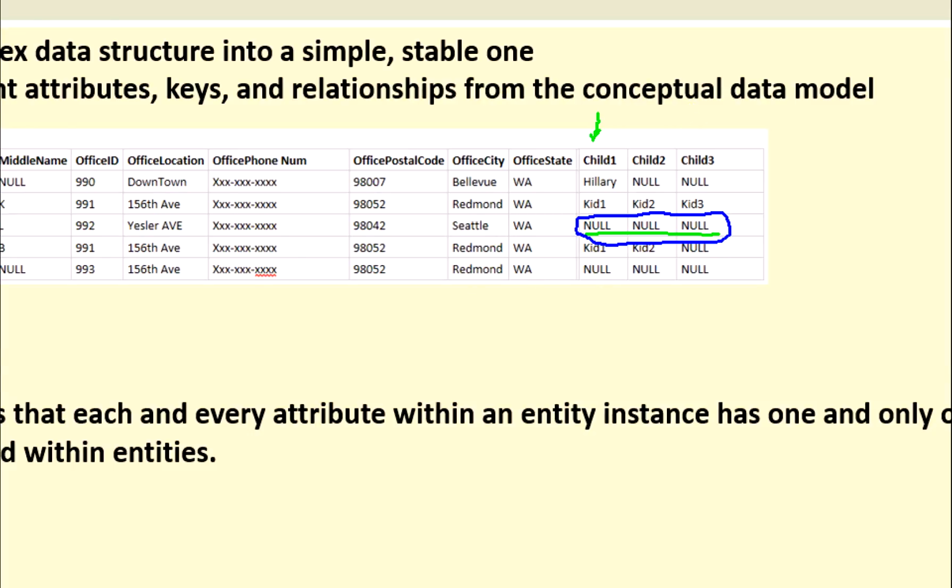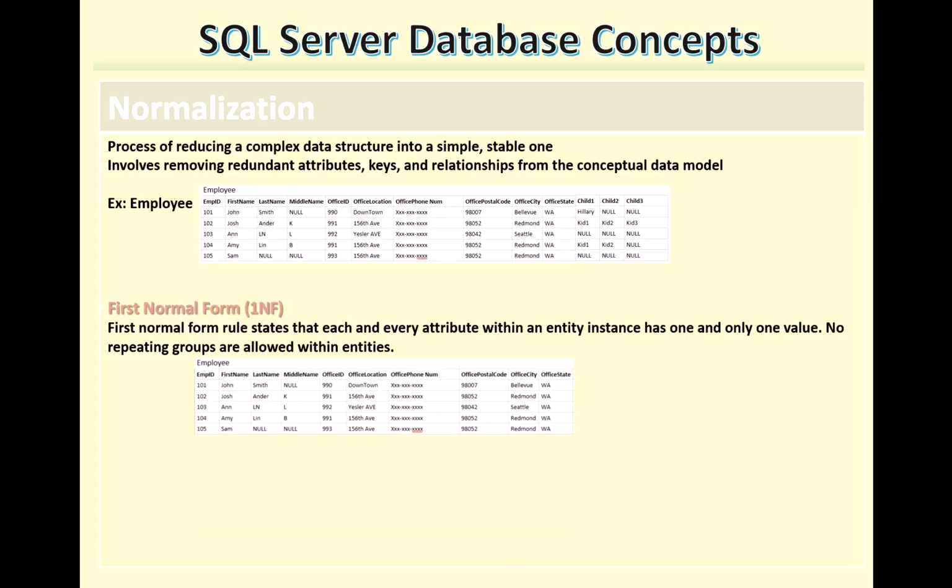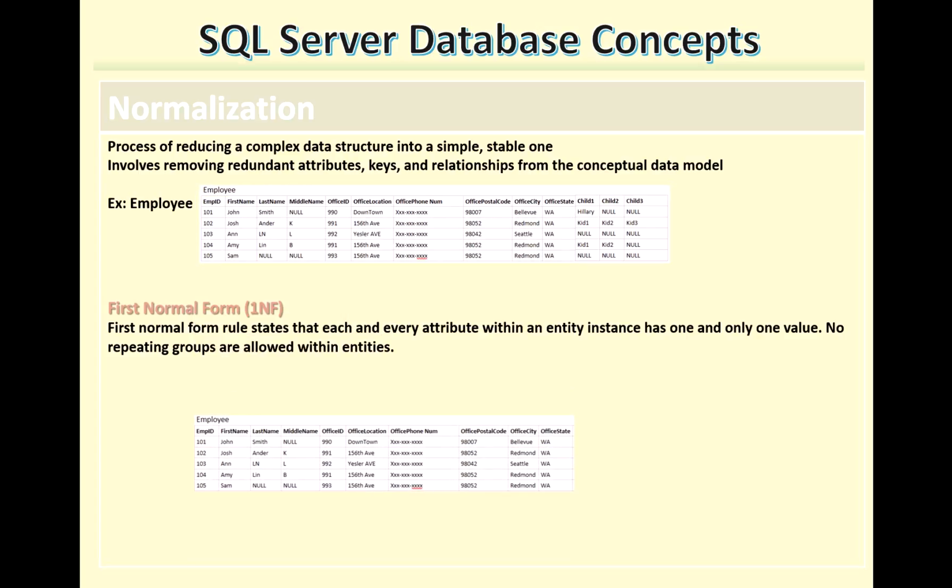So what does the normalization form say? Take out all the repeating groups and move them to a separate table or entity. So if you follow the first normal form, what happens? We keep the employee table as it is, we call it employee, and then we take the children information out of the table.